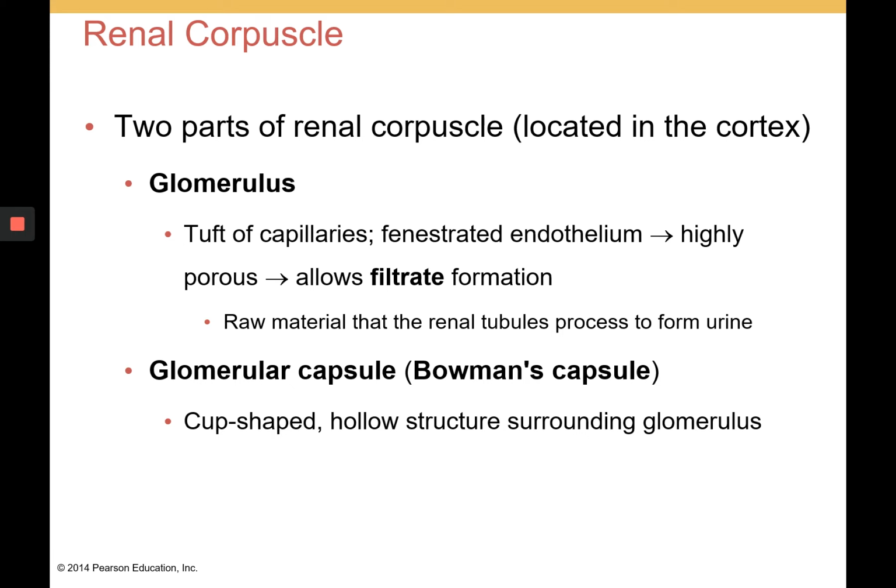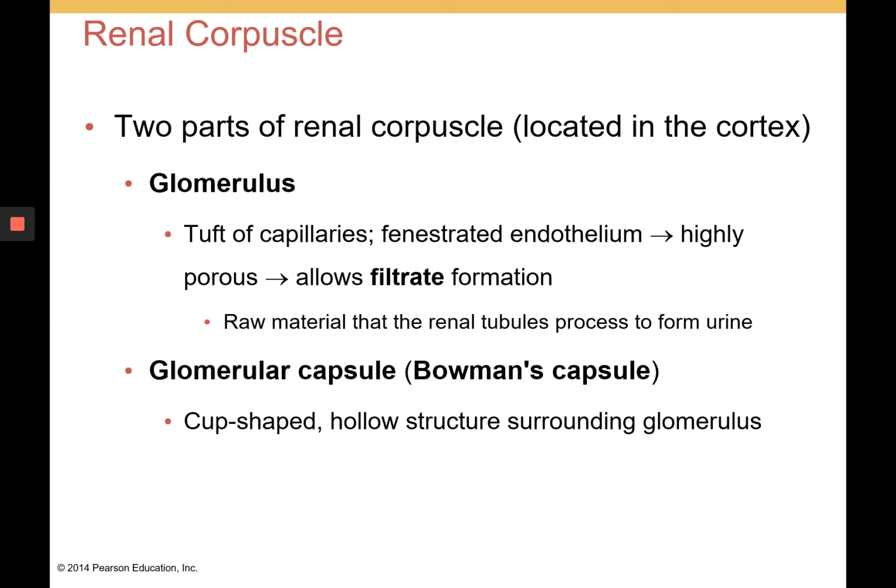Let's just take a step away from all the information on this slide. We're looking at a nephron. A nephron is a microscopic structure. Most of it is located in the renal cortex, especially the renal corpuscle of the nephron. So we're looking at that one part of the nephron that's always located in the cortex, the renal corpuscle.